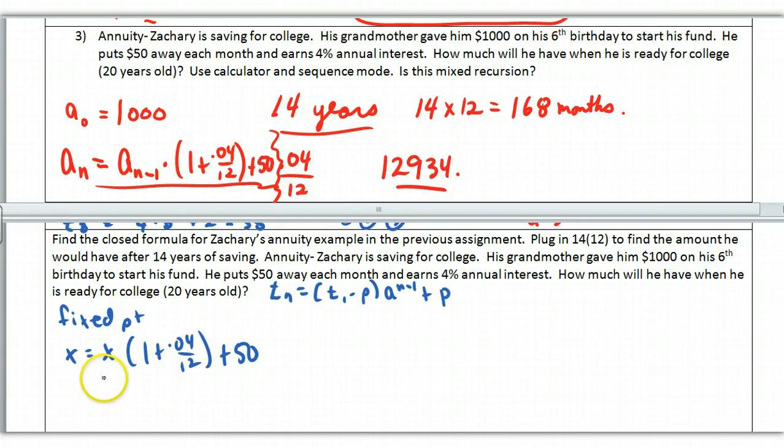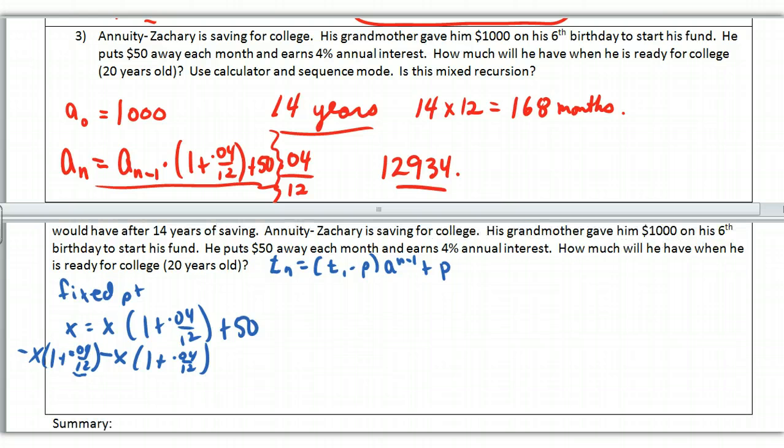If I subtract this from both sides, 1 plus 0.04 divided by 12, and over here, it's the same algebra that you have any other time, so I'm doing this to both sides. But if I subtract x minus this x, well, this is 1x right here. So all I have is this additional amount, and it also carries the negative value.